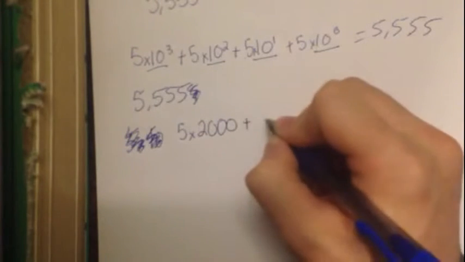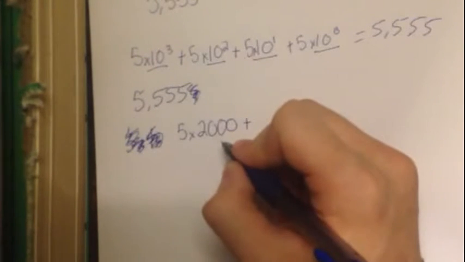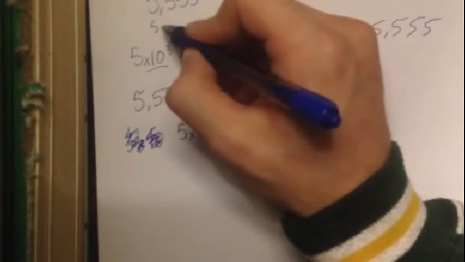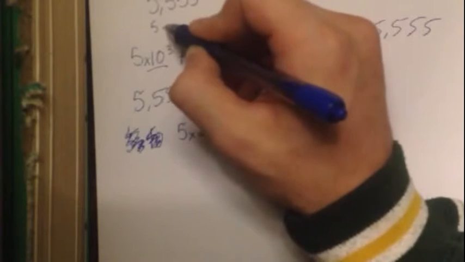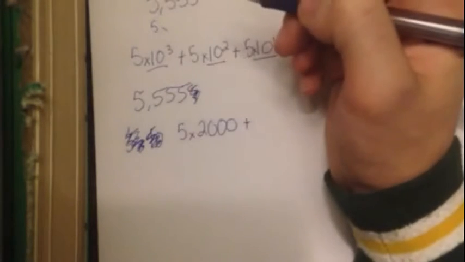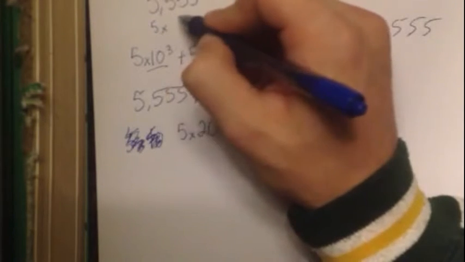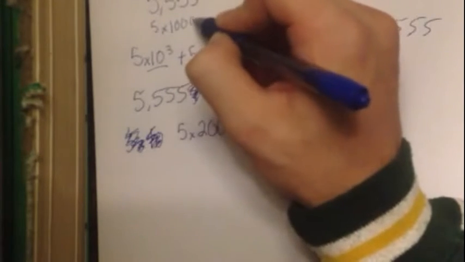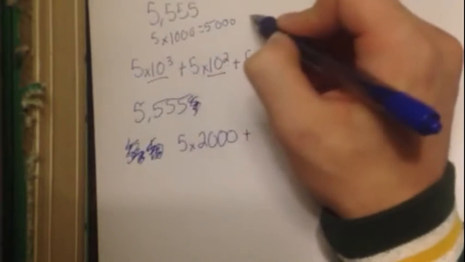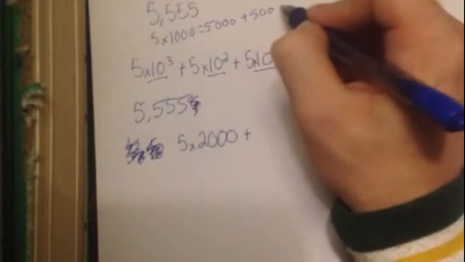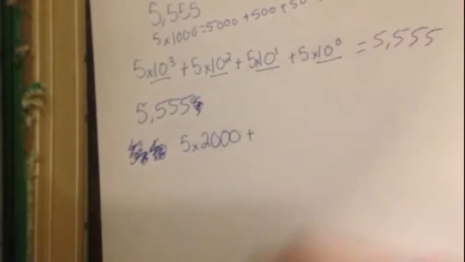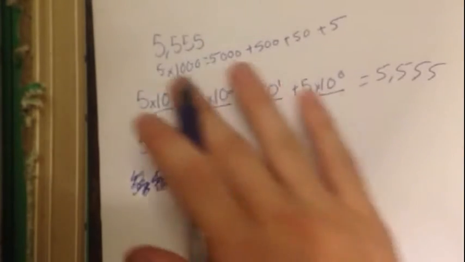Okay, plus, because that's in the thousands place. But just like here, 5 is in the thousands place. So it's 5 times 1,000. It's 5 times 1,000 equals 5,000. Plus 500, plus 50, plus 5. And that's how you get that number.